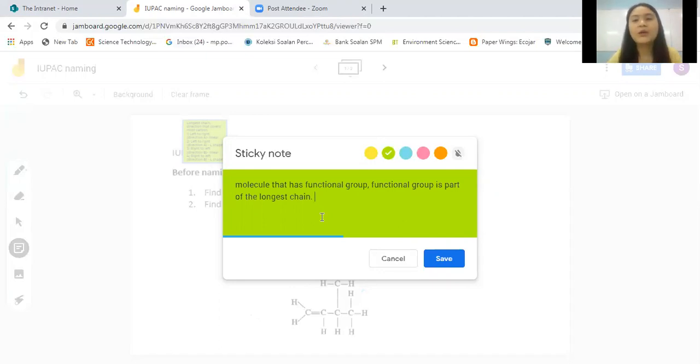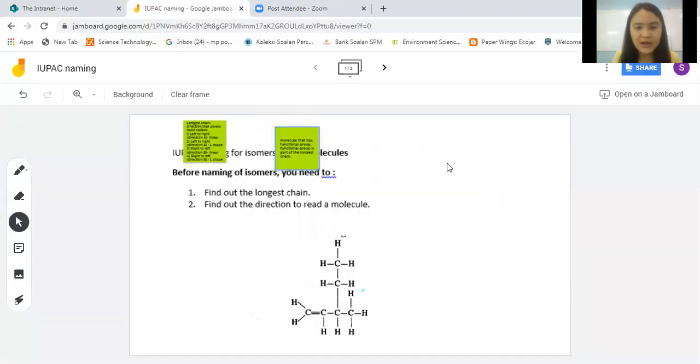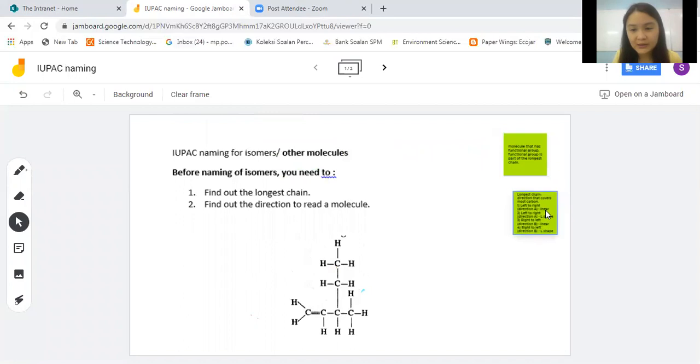Or you can go direction B, which is from right back to left, direction B, linear, or direction B, L shape. But please make sure that for a molecule that has a functional group, it has to be part of the longest chain.